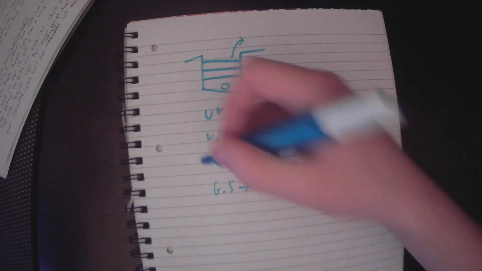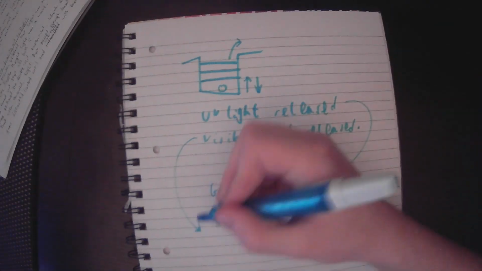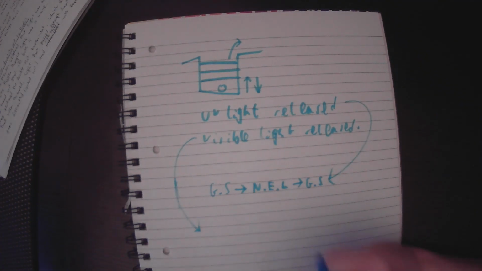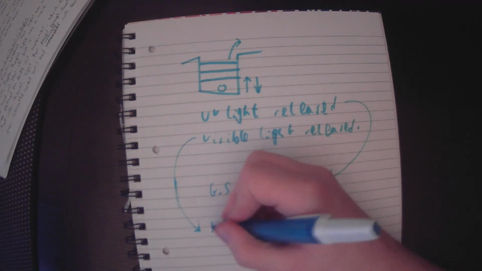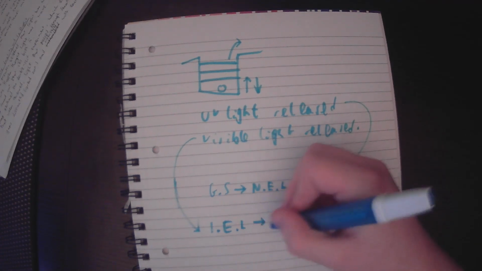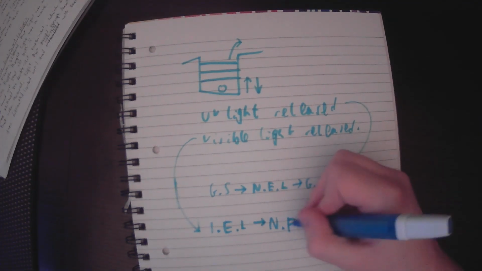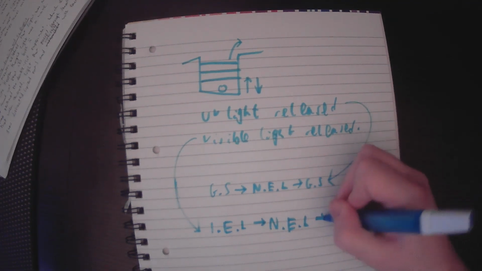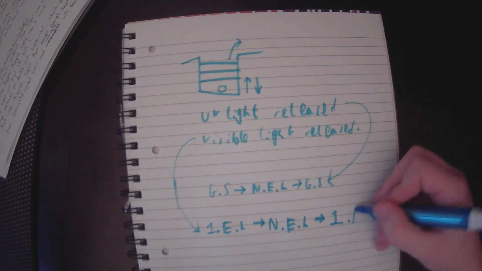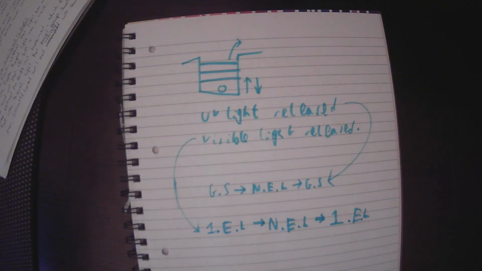However, for visible light, this happens when it goes from the first energy level to the nth energy level and back to the first energy level.